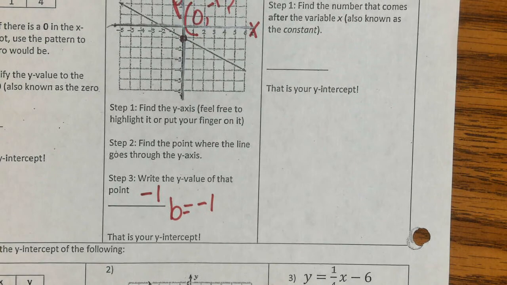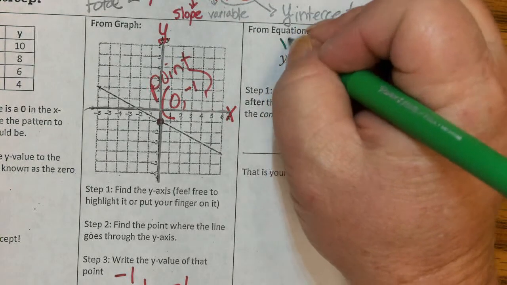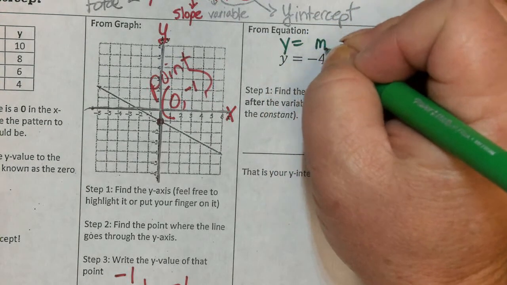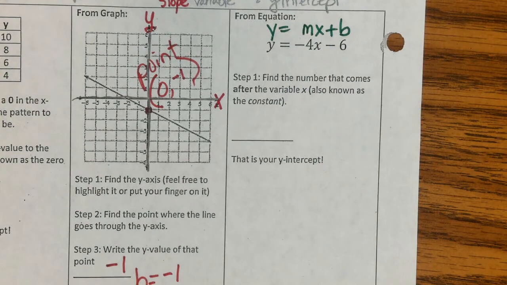And the last thing we're going to talk about today is, we've kind of covered it when I did that on the top. So if I was to write from an equation, y equals mx plus b. Remember, that's the slope-intercept form of a linear equation. Okay? What does linear mean? Straight line. Okay? So we're only talking about straight line equations. All right?